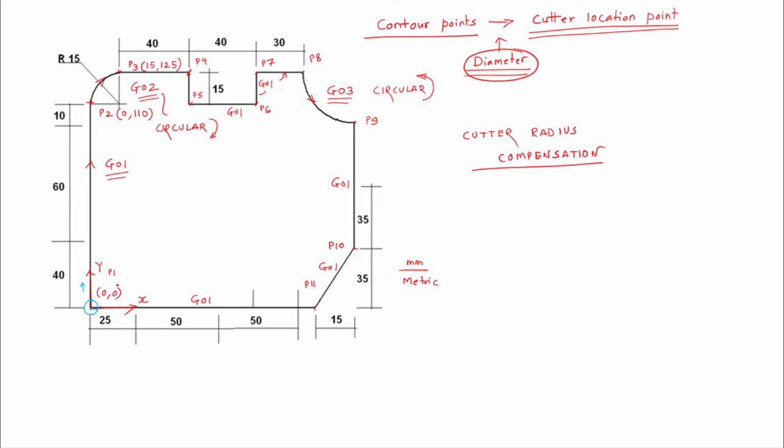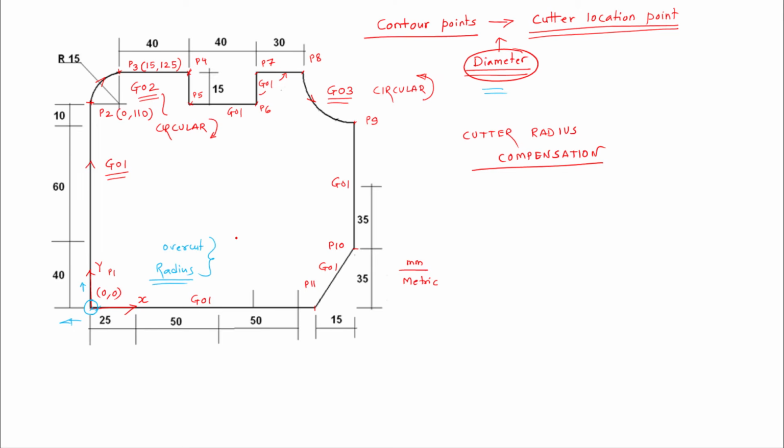Since we are not considering the diameter during the operation, there would be overcut by the radius of the cutting tool on the work part. So if we don't communicate the diameter to be considered along the left direction, the tool will move in this direction and there would be overcut by the radius value.